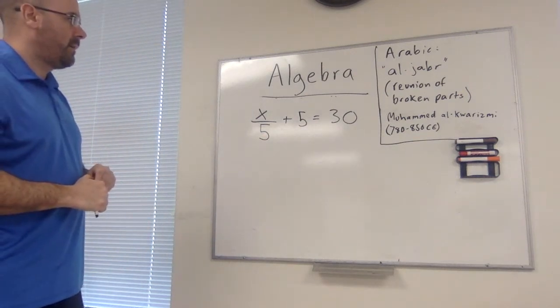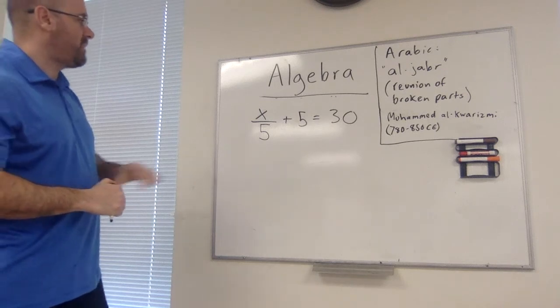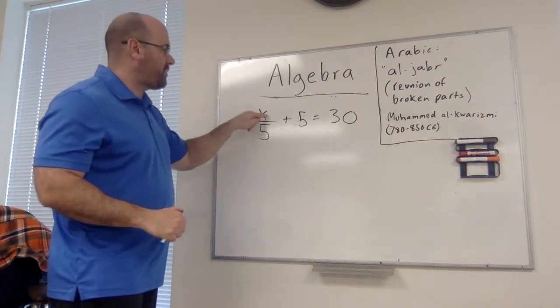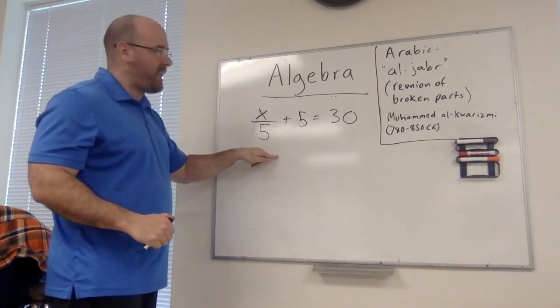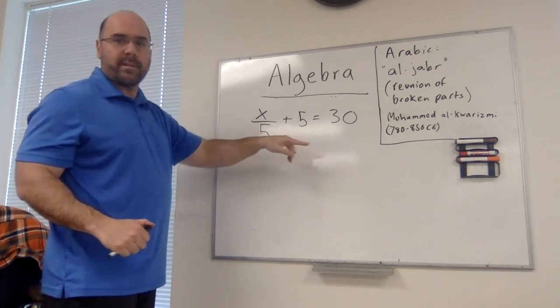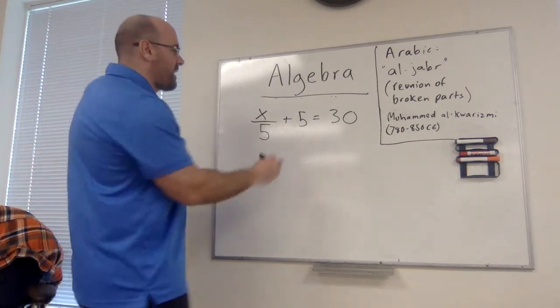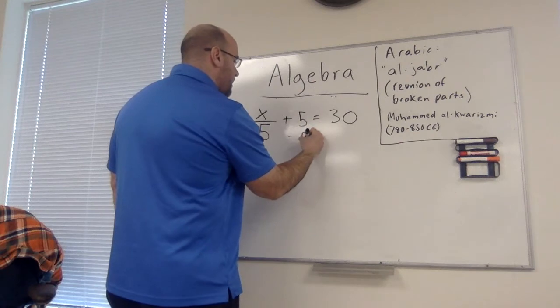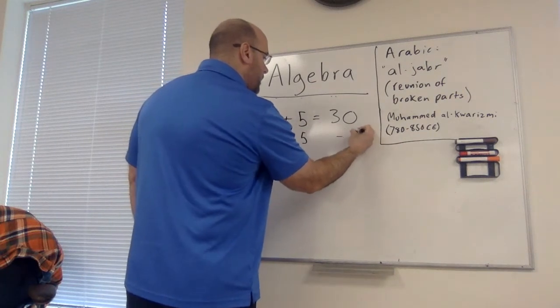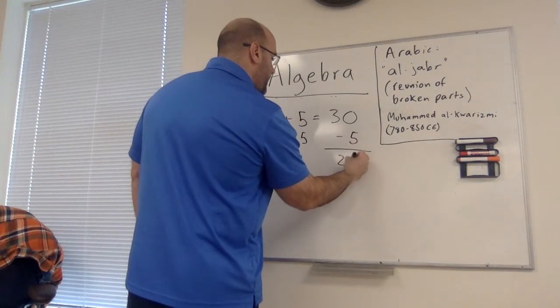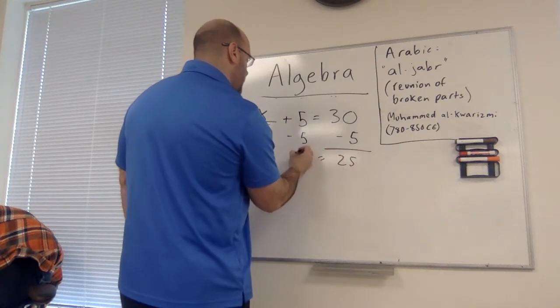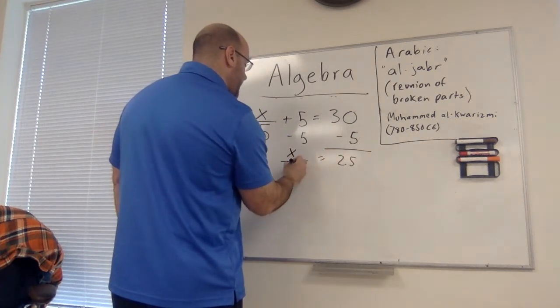Well, order of operations means that we're not going to add x plus 5 and then divide by 5. We're not going to do any of that. What we're going to do here first is the easy part first, which is subtract 5 from both sides. 25 equals x divided by 5.